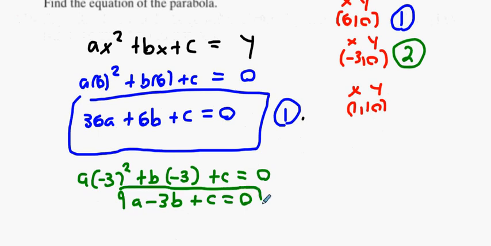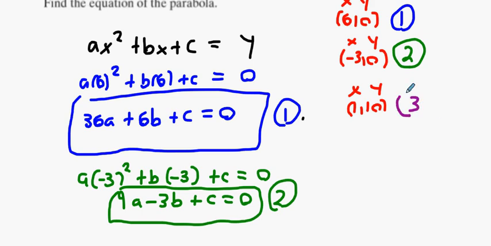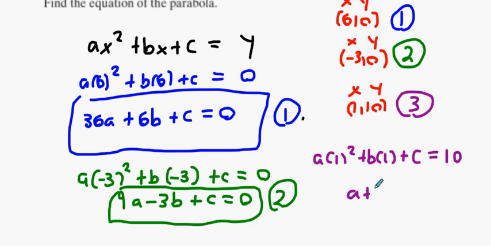Now, equation 3, we're doing purple, is the point (1, 10). So replace x with 1, replace y with 10, and I end up with a plus b plus c equals 10.